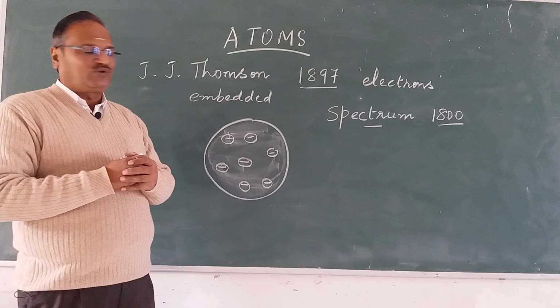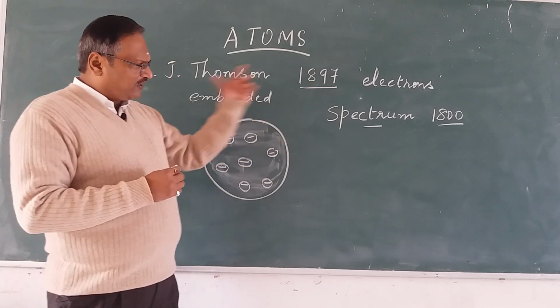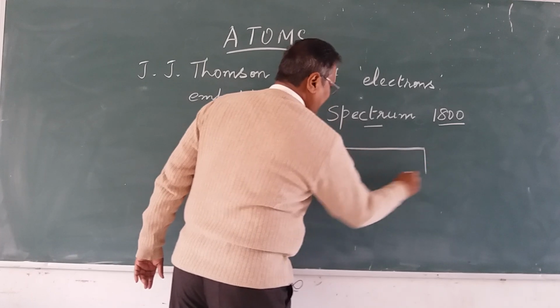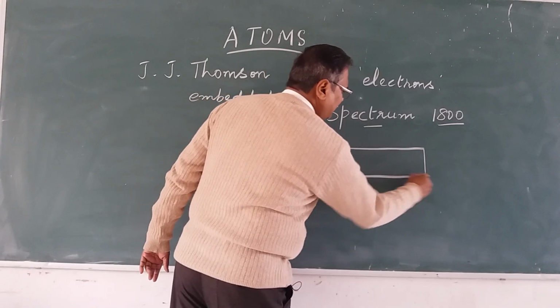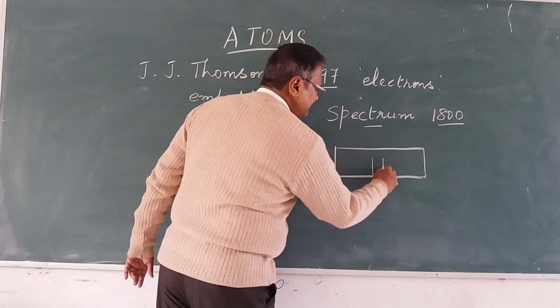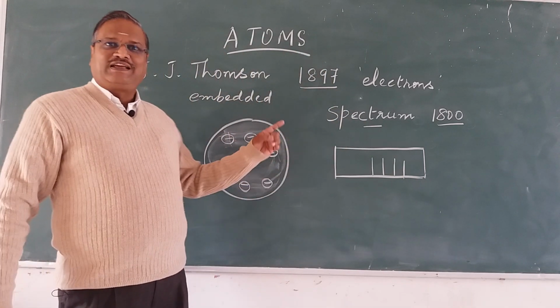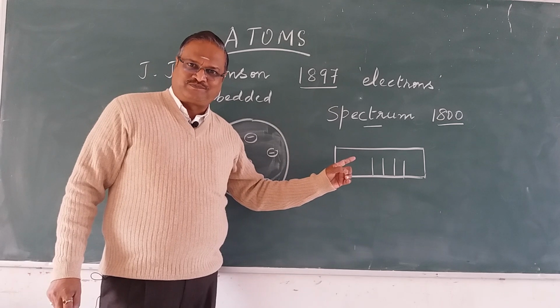When you see the spectrum from the sun, you will find that it has lines, and this is called line spectrum.